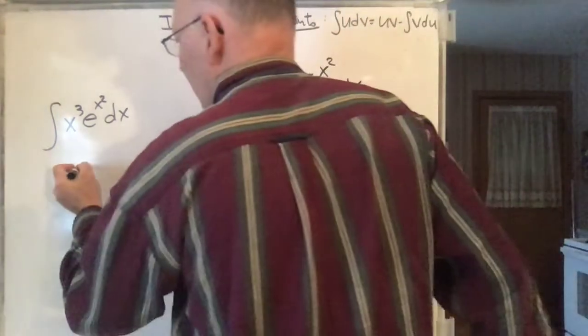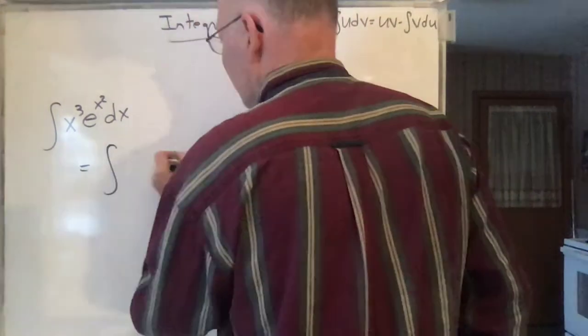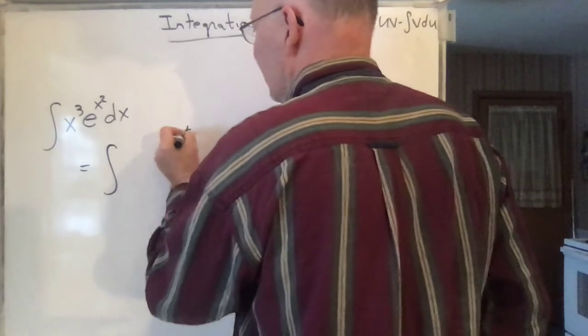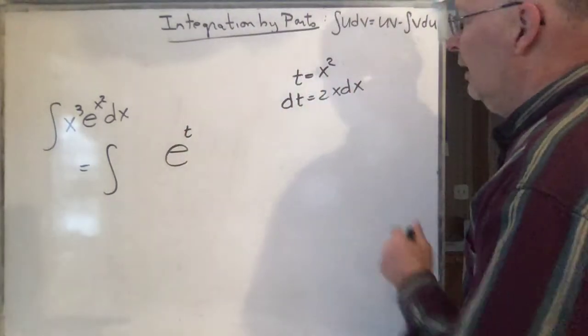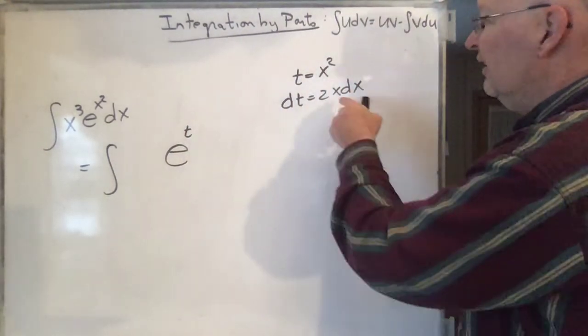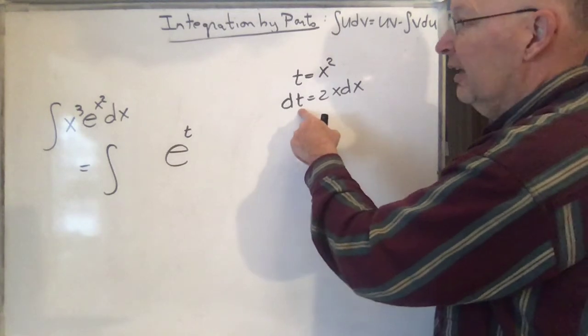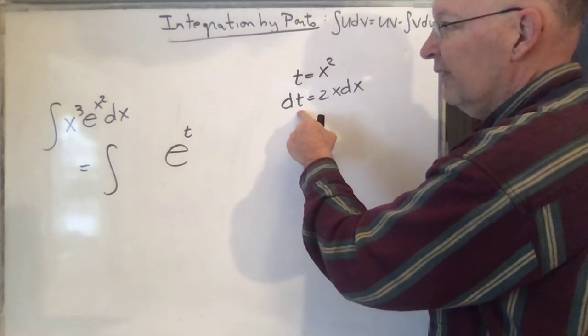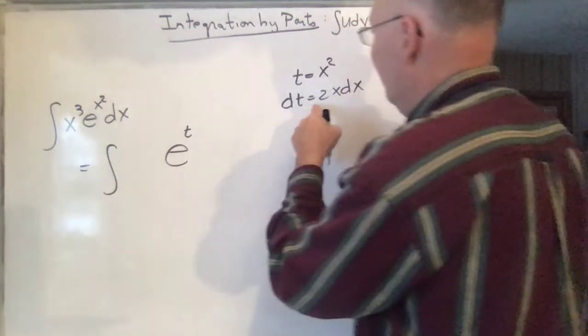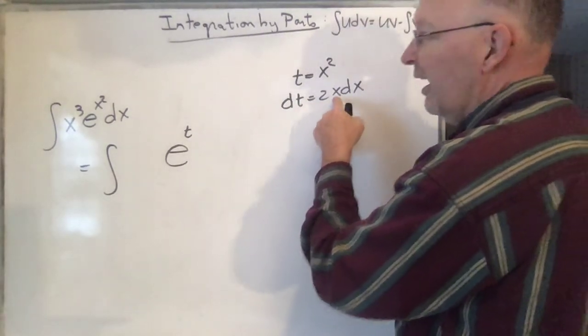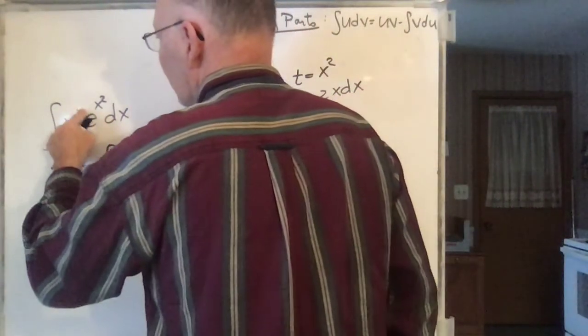Agreed? So now this thing becomes e to the t. Now what? I have to get a dt in there. So that's the next thing on my mind. And the dt requires an x. See this? So I have an x cubed there.